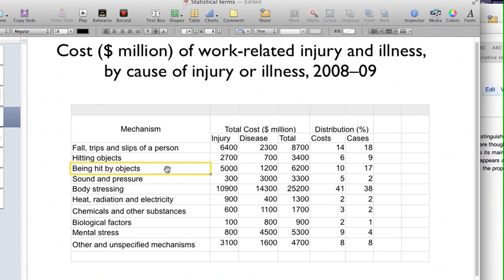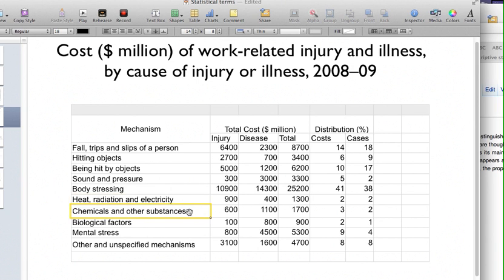Being hit by objects, that makes more sense to me. Sound and pressure, I'd like to know a lot more about that. Body stressing, that's fairly straightforward, I suppose. Heat and radiation and electricity, there's three put together and I'm not sure that they really belong together. It would depend on what industry you're looking at.